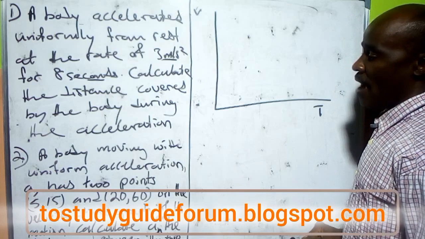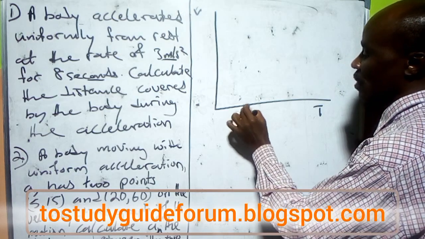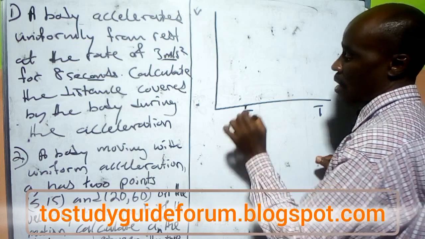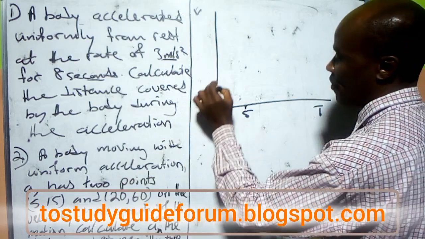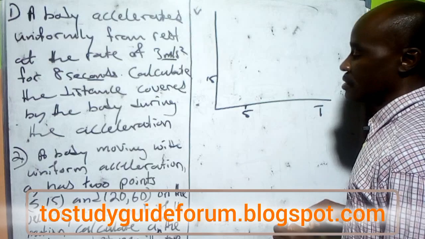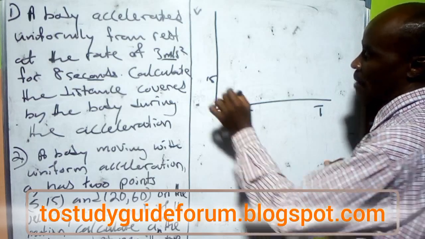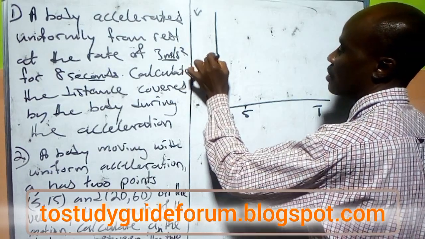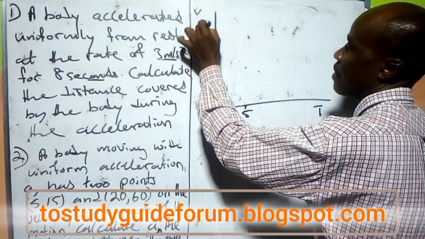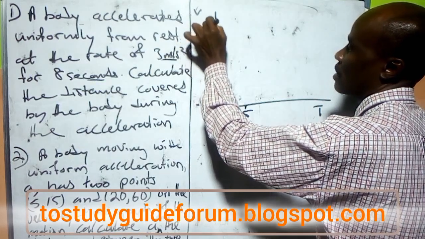Now, what we have here, for the time, we have 5, the first point, and for the velocity, we have 15. Then, perhaps we can also make 20, 25, 30, and so on.